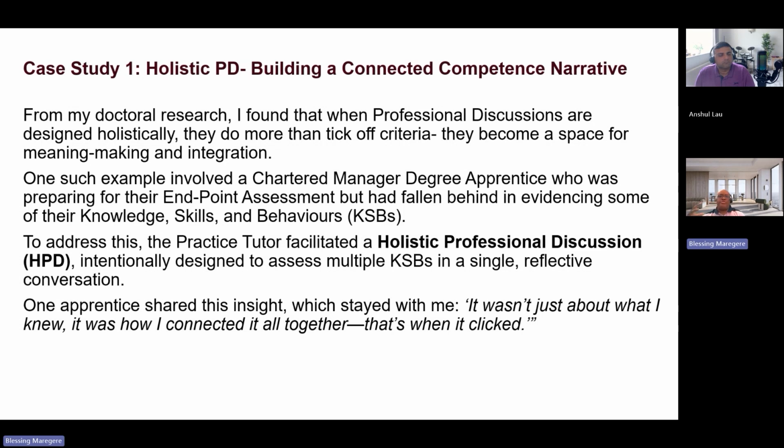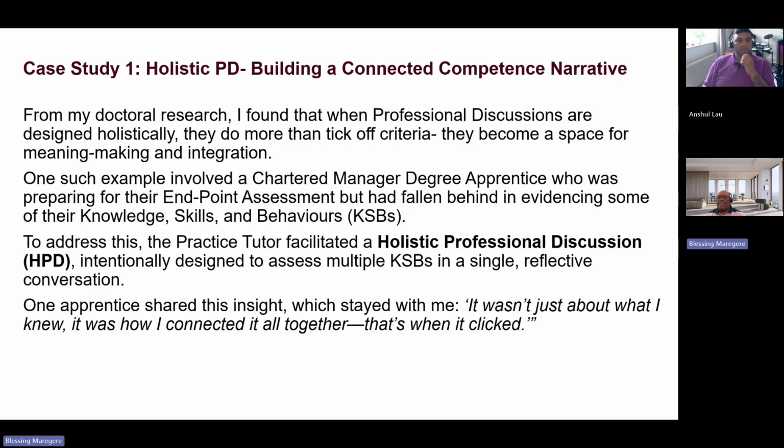So rather than treating assessment criteria, knowledge, skills, and behaviors in isolation, we would encourage the use of a holistic professional discussion, because it enables us to have a 360-degree view of competence, knowledge, and experience as well.